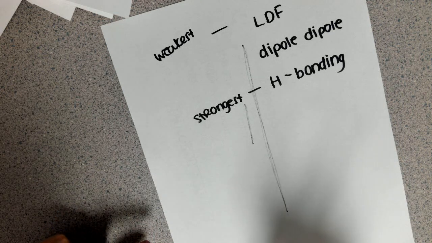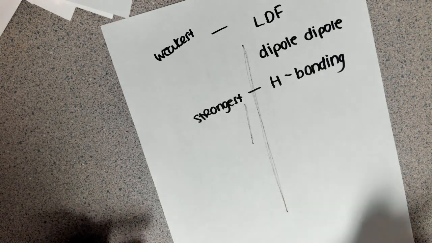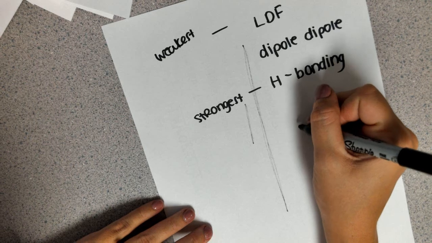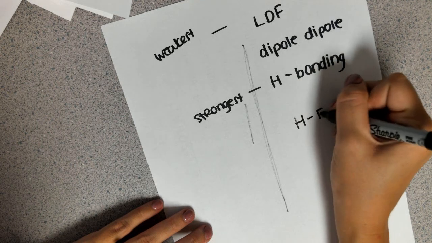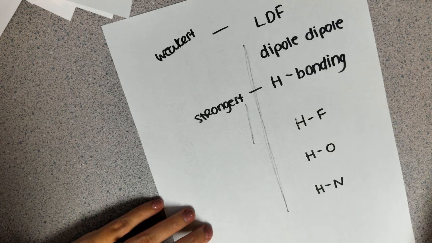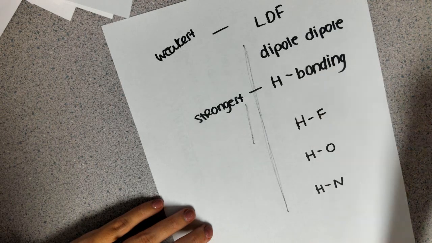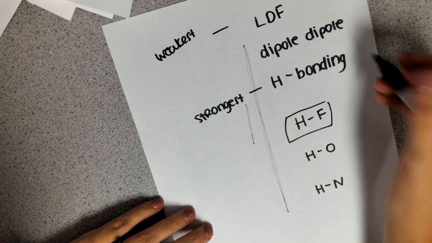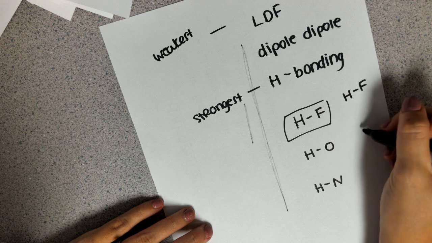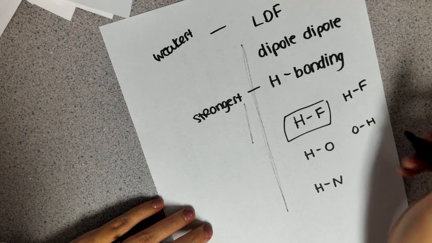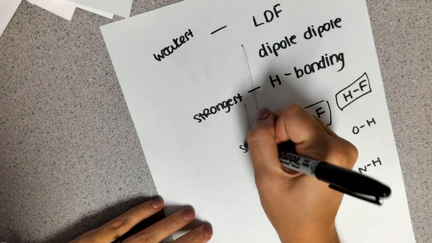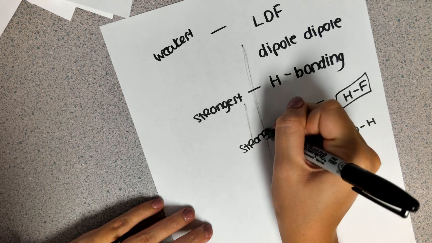And then something else I need to mention about hydrogen bonding before I forget. If we have a solo HF, OH, and NH, the HF is going to form a stronger hydrogen bond than something that has a solo OH or a solo NH. This would be the strongest because that's the biggest electronegativity difference.